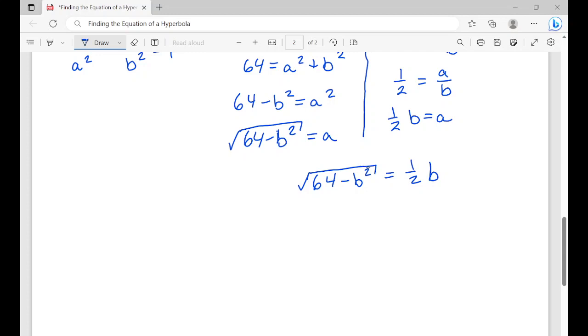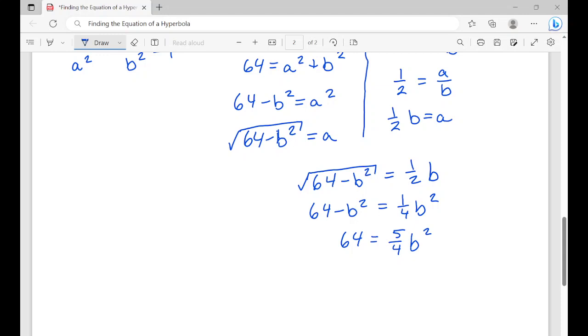Square both sides so I can get rid of the square root. And I'm going to get 64 minus b squared equals 1/4 b squared. I can add the b squared over, combine like terms, so 64 equals, let's see here, 1/4 and 1 is going to give me 5/4 b squared.